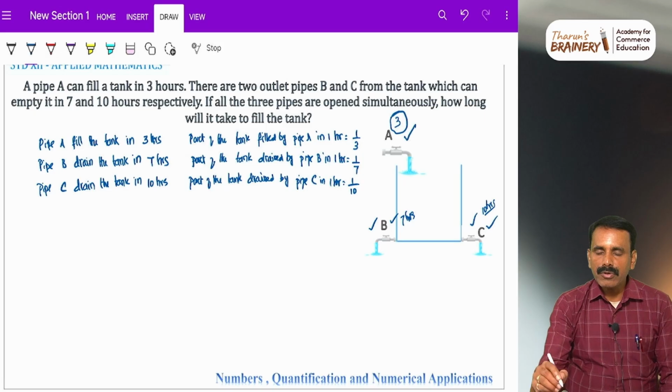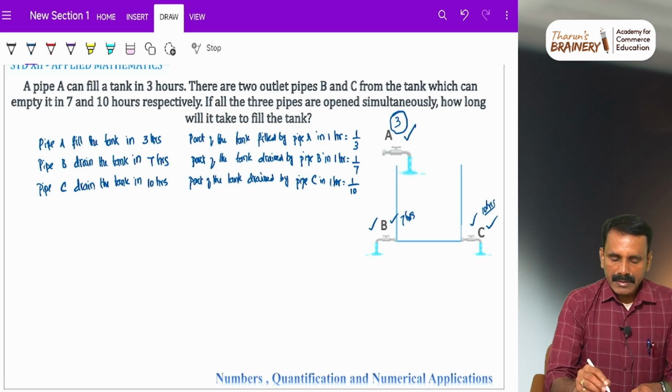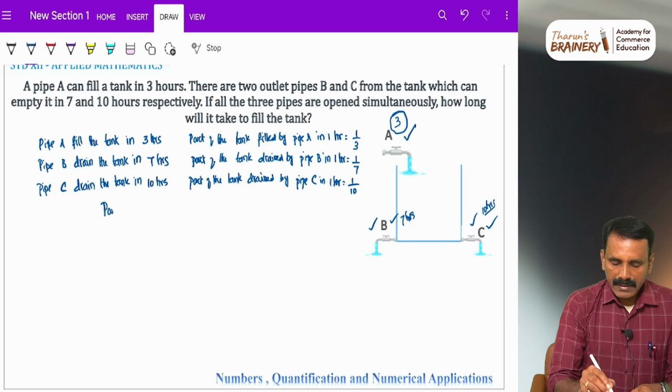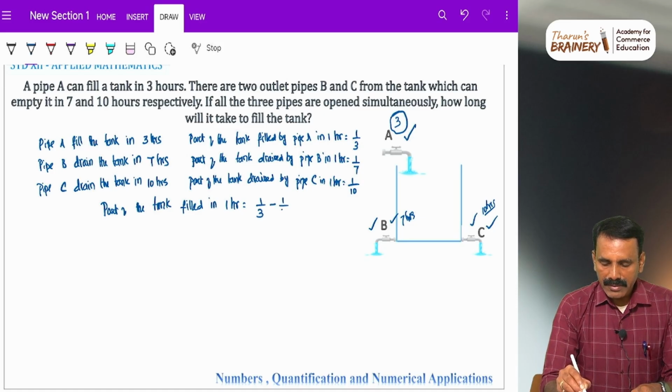Now, these three pipes are going to be operated simultaneously. So, the part of the tank filled in 1 hour will be equal to 1/3. It is going to be filled, and the second pipe is going to drain, and the third pipe is also going to drain.